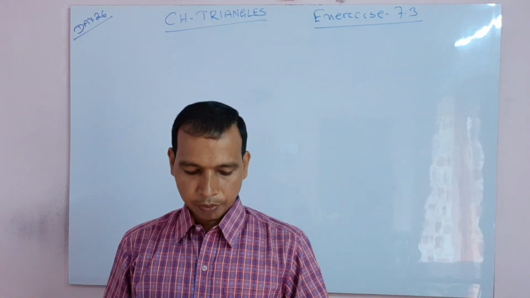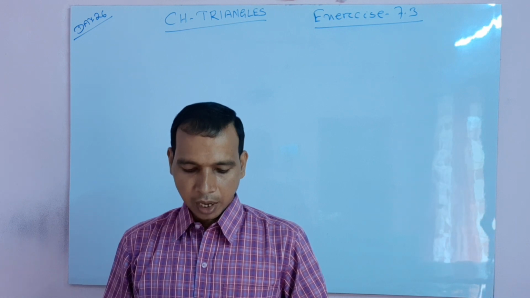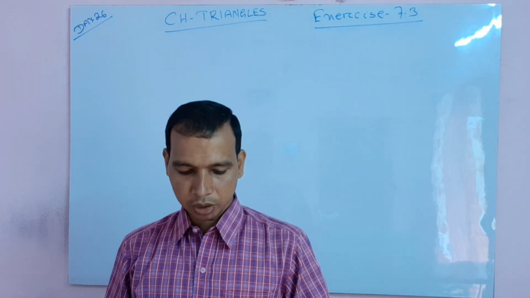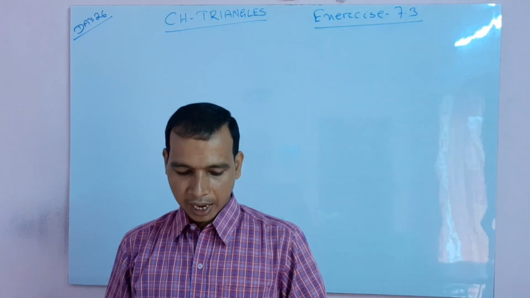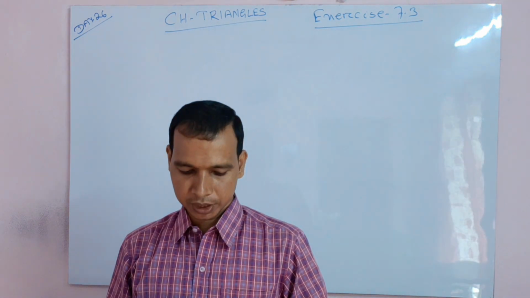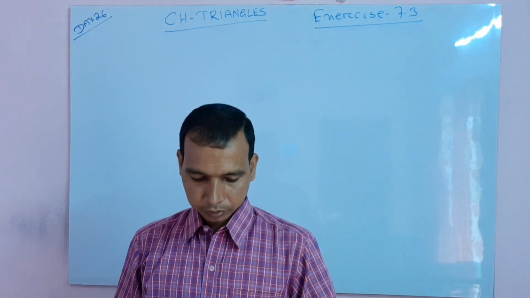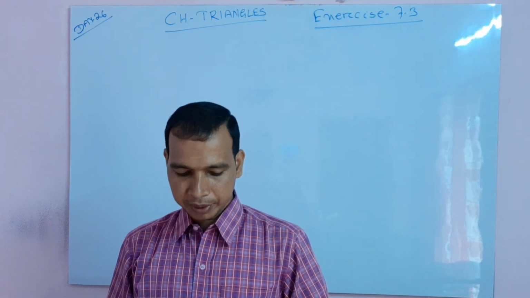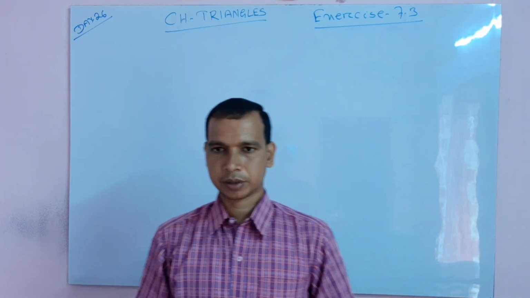First question, look: triangle ABC and triangle DBC are two isosceles triangles on the same base BC, and vertices A and D are on the same side of BC. If AD is extended to intersect BC at P, then show that triangle ABD first.